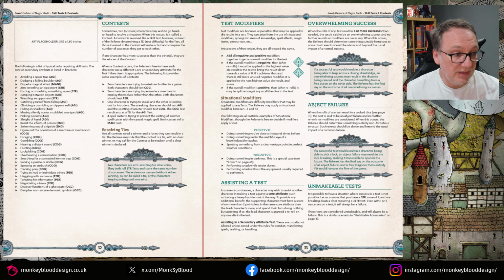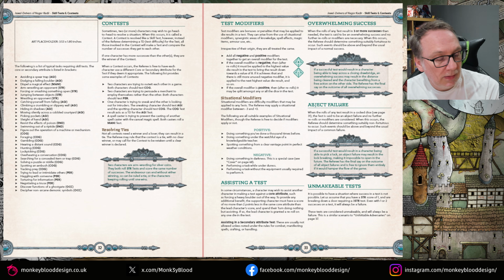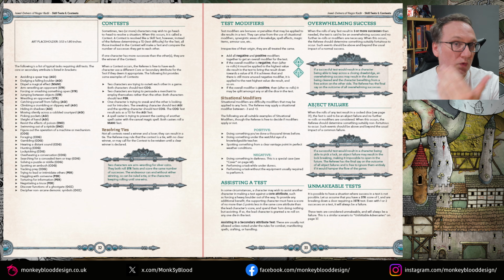So if you've got a strength score of 2 and it's not a favoured attribute, so you can only ever score 2 successes, but the difficulty of the test is 3. You're never going to make it. It's unmakeable. In the same way that in D&D you've got something with 30 armour class and you can only ever roll, you know, 15, 20, 21.